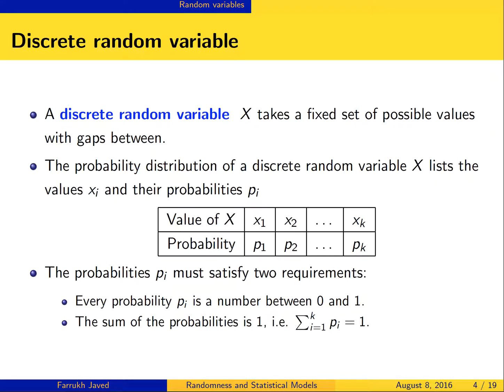There are two specific requirements for the probabilities: they should always be between 0 and 1. They cannot be negative, and they cannot be bigger than 1. And the sum of the probabilities associated with all the values in an experiment must always be equal to 1.